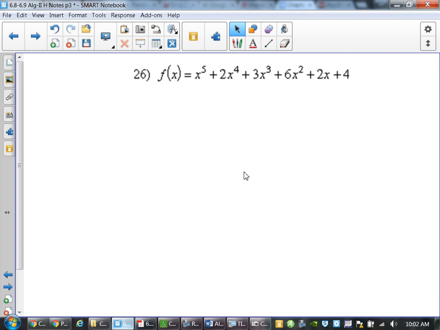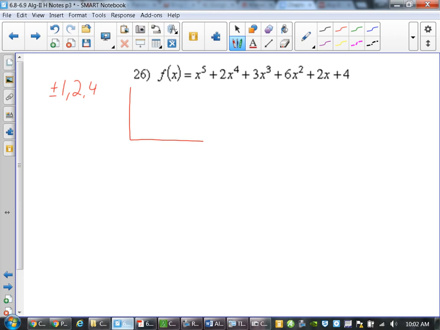Alright. Anyone got March 3rd? Let me do this first, and then we'll go through that, okay? Like 46. So this one here, I gotta check plus minus 1, 2, and 4. Could you group in threes?